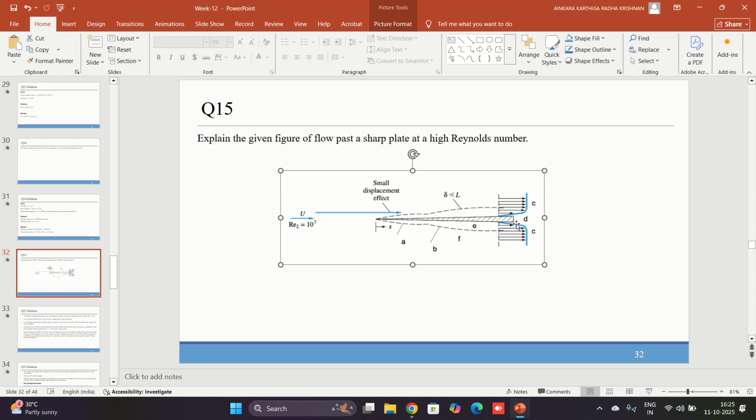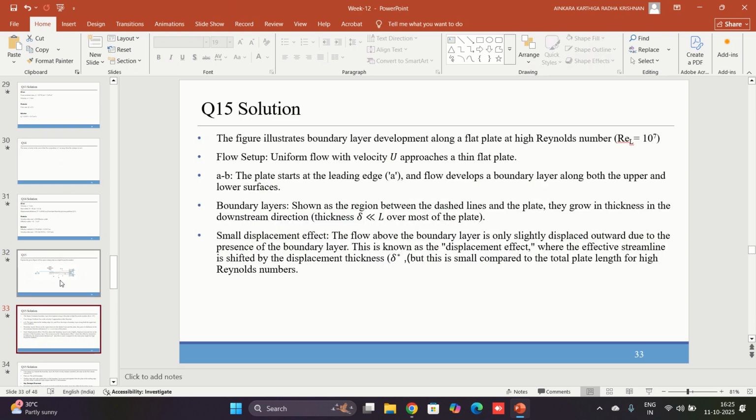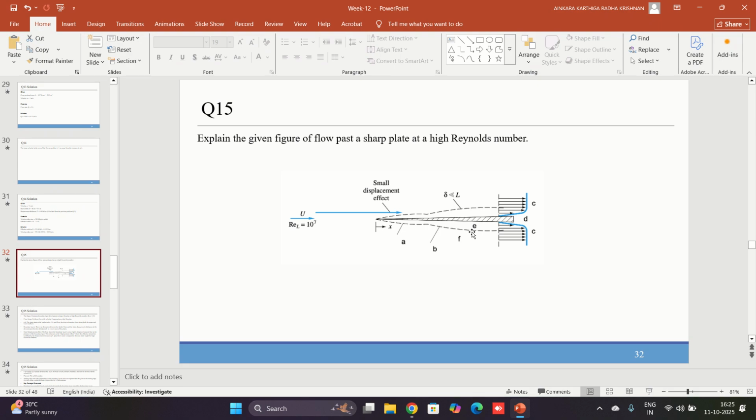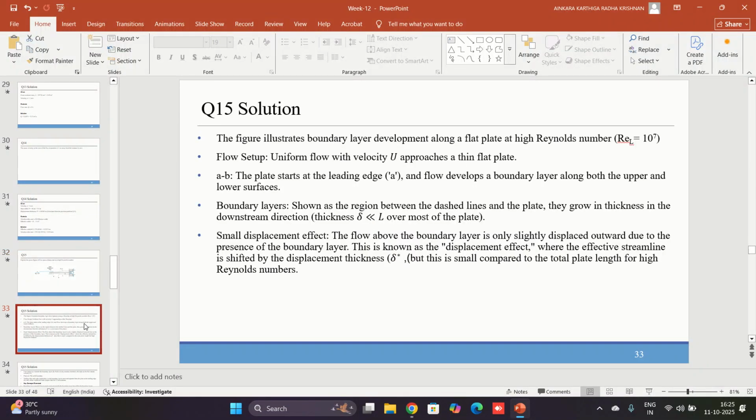Near the plate we will feel the viscous effects, and away from there we won't feel the full viscous effects. Near the plate, in the region A, E and all, the viscous effects will be dominant, and at F and all, the viscous effects won't be that dominant.